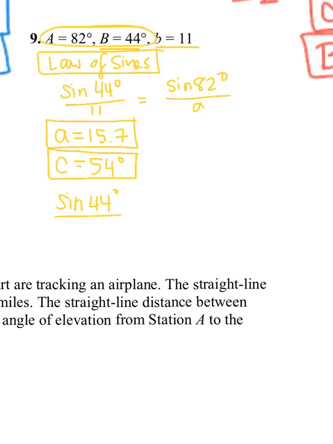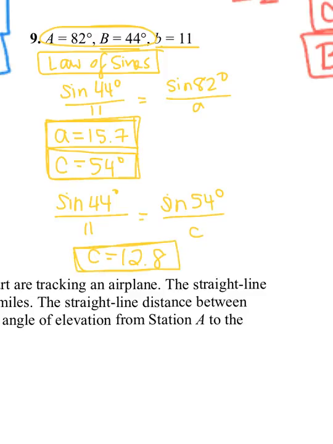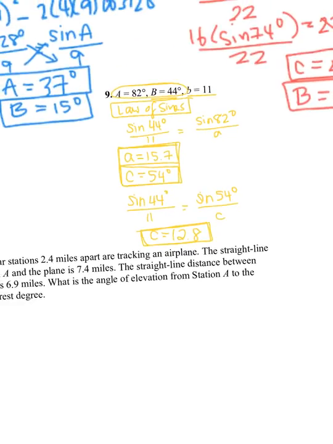So sine of 44 degrees over 11 is equal to sine of 54 degrees over the last side, C. All right, cross multiply, divide both sides by sine of 44 degrees, and I get C is 12.8. All right, so those are my missing pieces. Okay, let's get to a word problem. Here we go. Number 10.